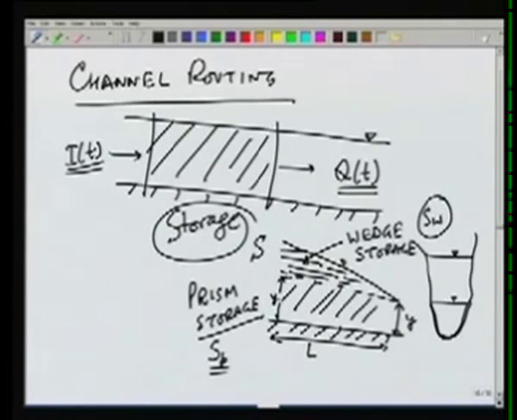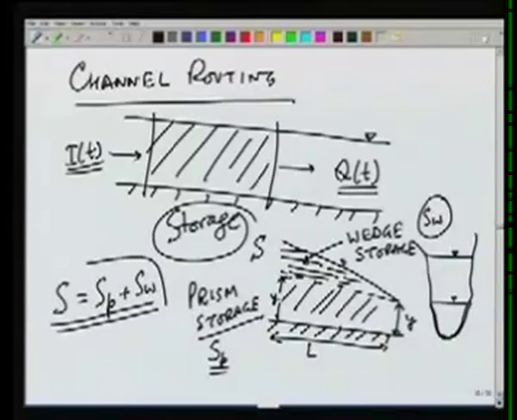So the total storage in the channel will be a sum of the prism storage and the wedge storage. This storage is used for the routing.